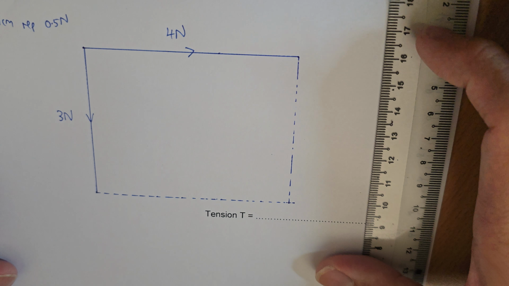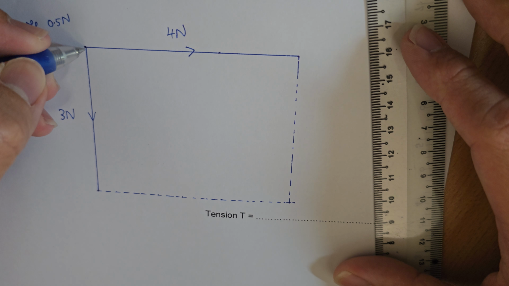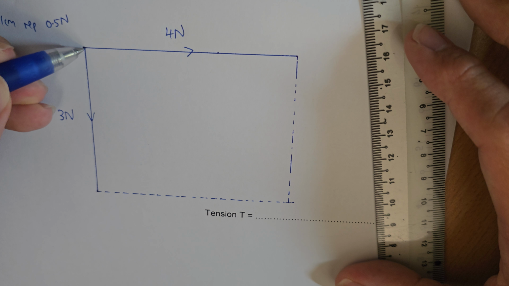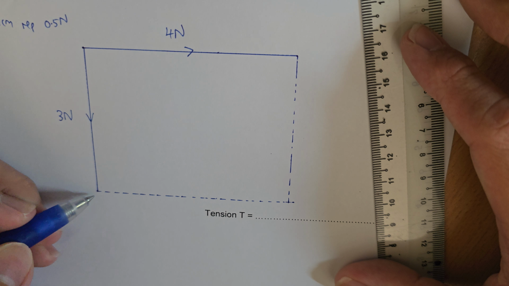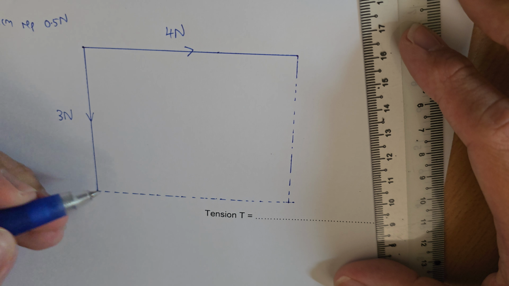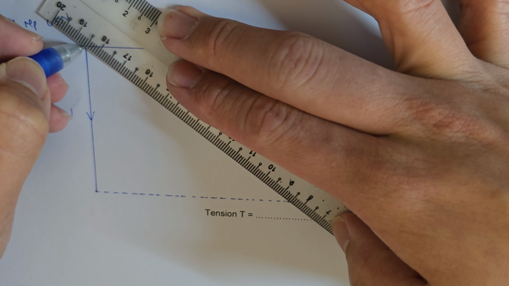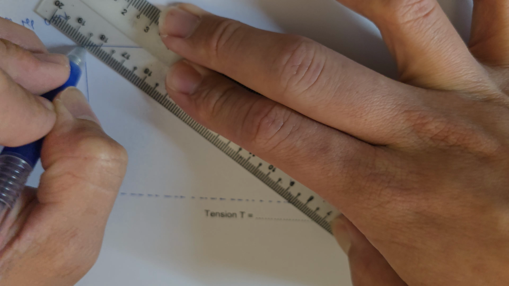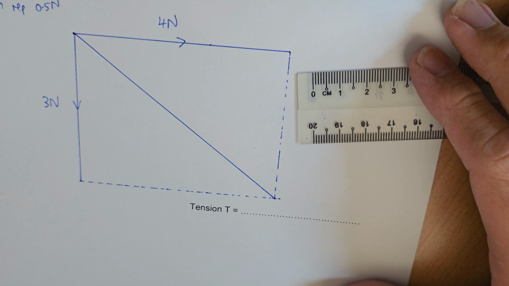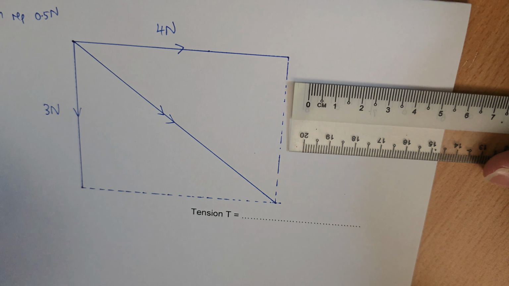I'm almost done. The last step to this parallelogram method is to draw, from the middle of these two forces, not the middle of this solid line and the dotted line, but the middle of these two forces, towards the other end. This should be a solid line because we are drawing the resultant force, and we will label this with a double arrow because it's a resultant force.